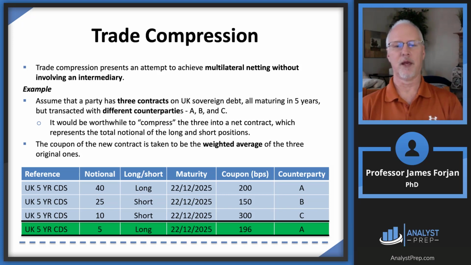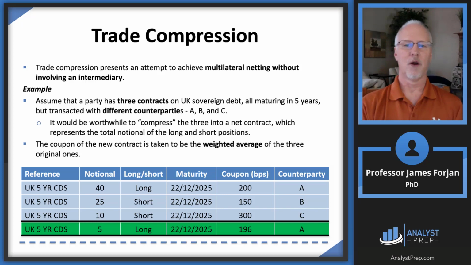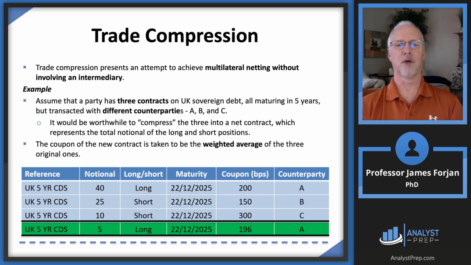We have a long and then we have 2 shorts. Notice those 3 mature on the same date, but they do have different coupons and they have different counterparties. And so instead of keeping track of the A and the B and the C, why don't we compress, right? I always think about it like squeezing into a vice. Why don't we just compress that total into one position?